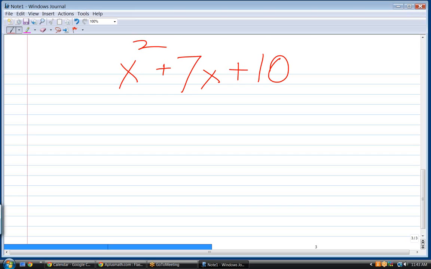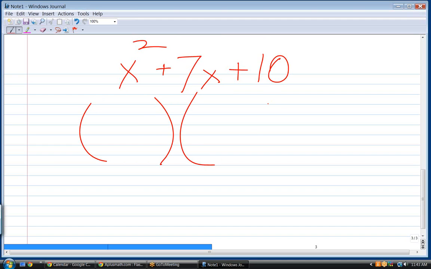Is there a greatest common factor in this expression? No, because 10 doesn't go into 1, 10 doesn't go into 7, and x doesn't go into 10. So I can't use greatest common factor here.